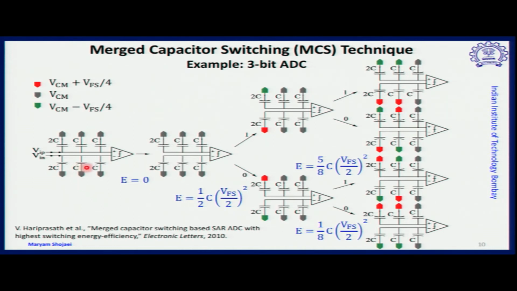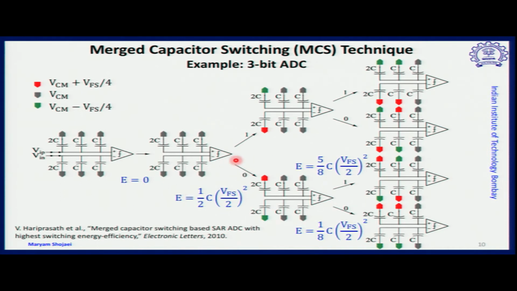And the inputs are connected to the inputs of the comparator for the comparison purpose. Then, same as before, in this case no energy will be consumed because for the first comparison, only the switches at the input are opened. So no energy is dissipated or drawn from the input reference levels.